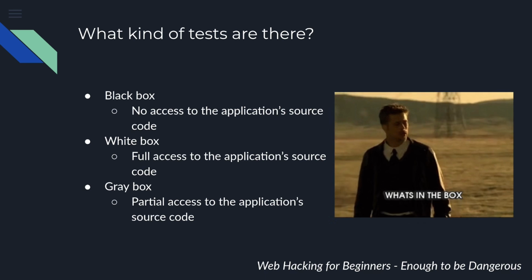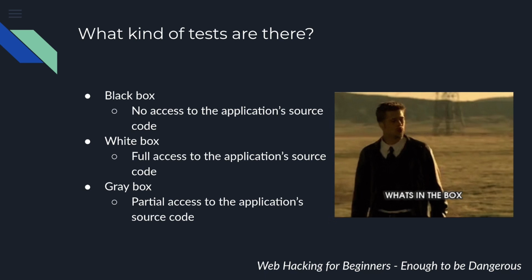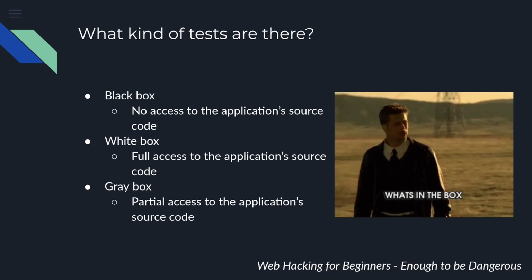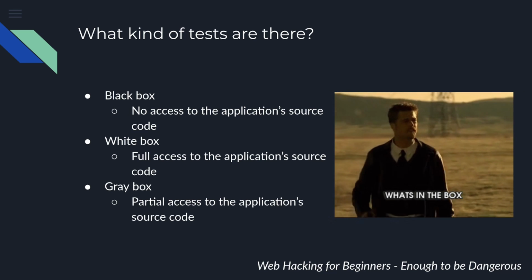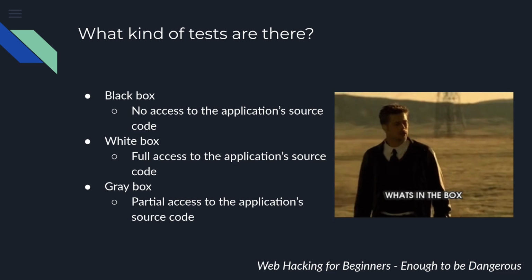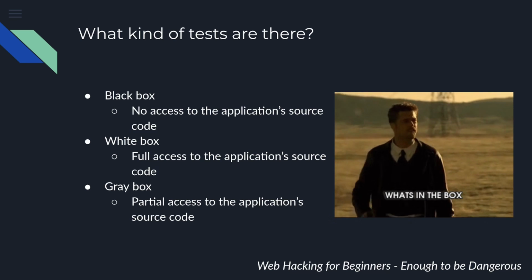Ultimately your job is to figure out what is in that box and how it works, what makes it tick and how it can break. Whether or not you have access to the source code depends on who you're working with and how you're working with them. But at the end of the day, you're still going to have to figure it out and figure out ways to take advantage of it.